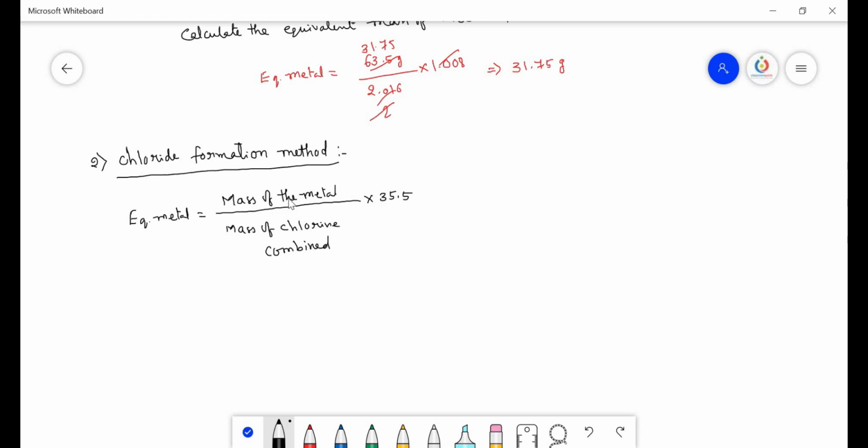Initially they will take some x grams of the metal that combines with chlorine, and the total mass of the metal chloride becomes some y grams. See here, there is a metal M which reacts with chlorine.